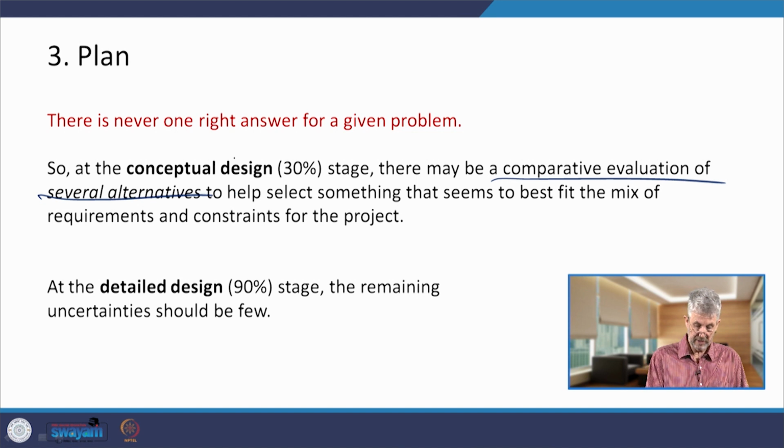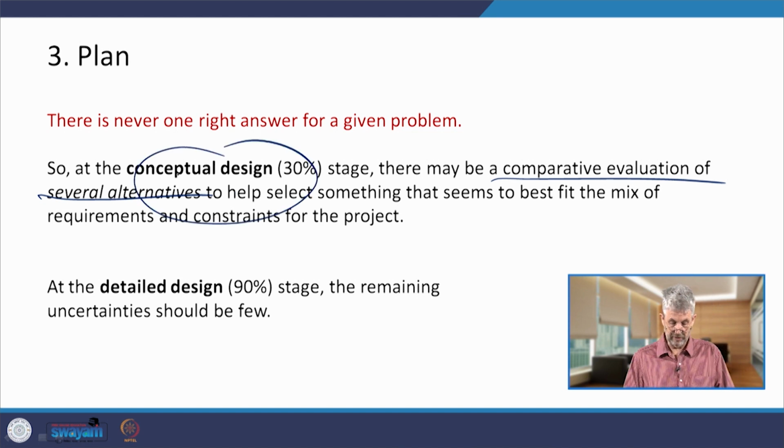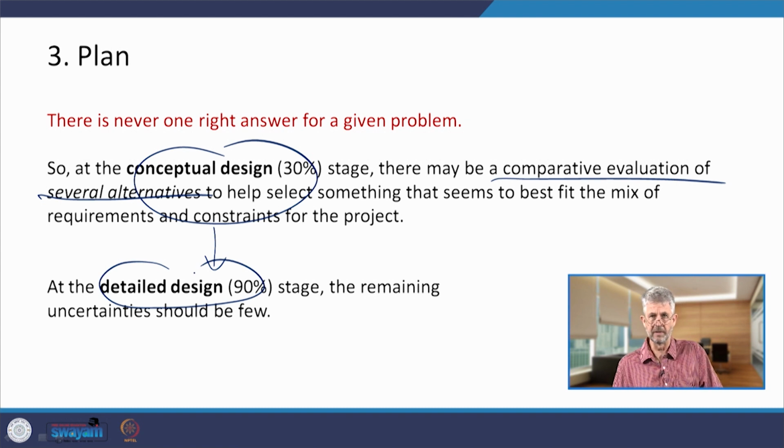So at this stage, very much everything is still on the table, but when we follow along with the process and eventually get to the 90% stage, we should have eliminated those processes or techniques that do not meet our process design criteria. And at the detail stage, we should only be left with one or maybe two or very few uncertainties that still need to be addressed.